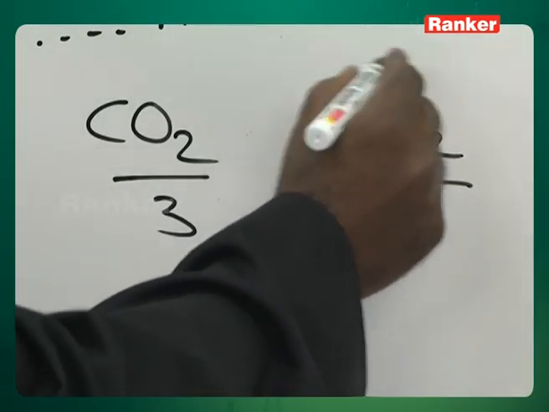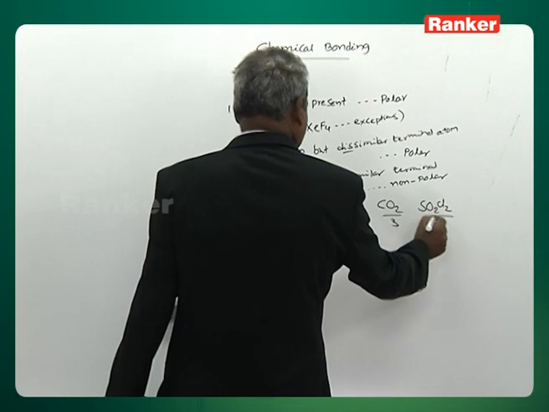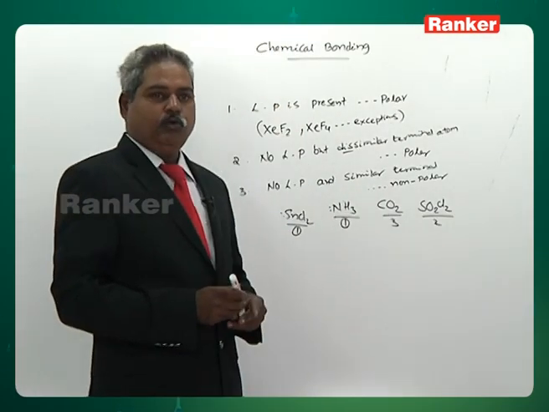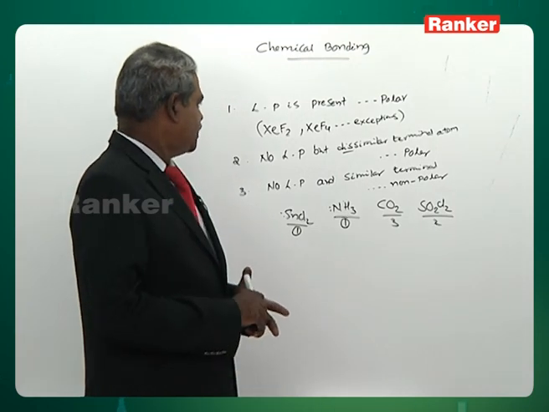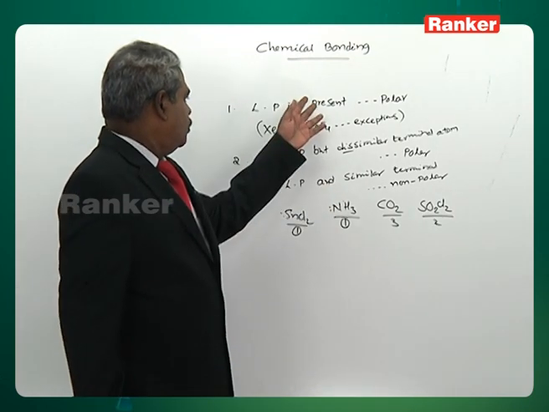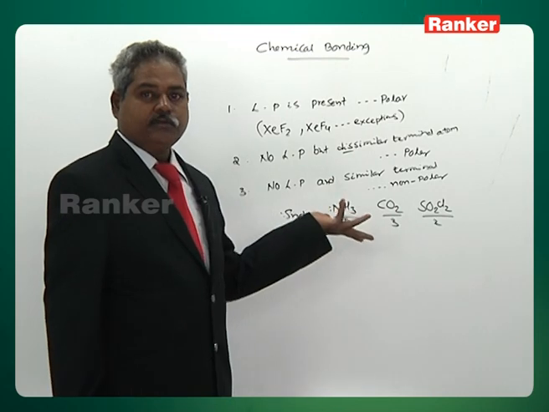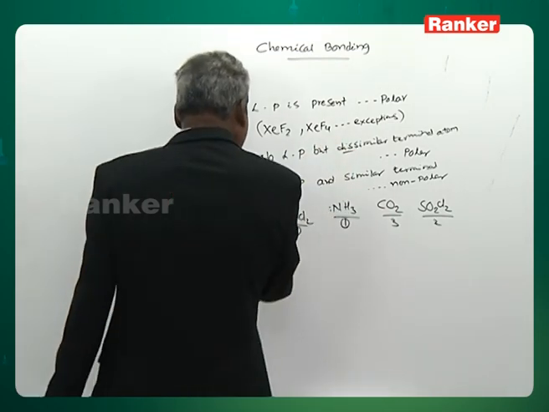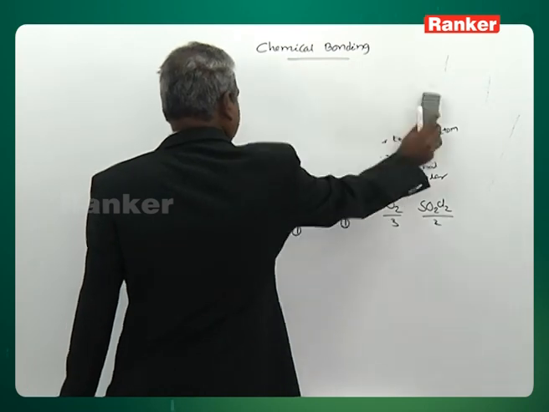Why? Dissimilar terminal atoms. So, type 2. Like this, using these simple rules, in fact, there is only one rule you can say: lone pair, no lone pair. That's all. Similarity, dissimilarity.